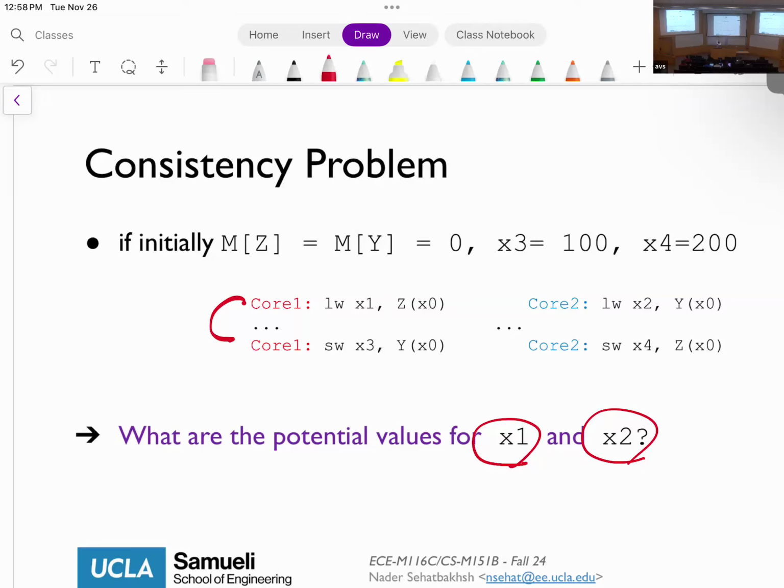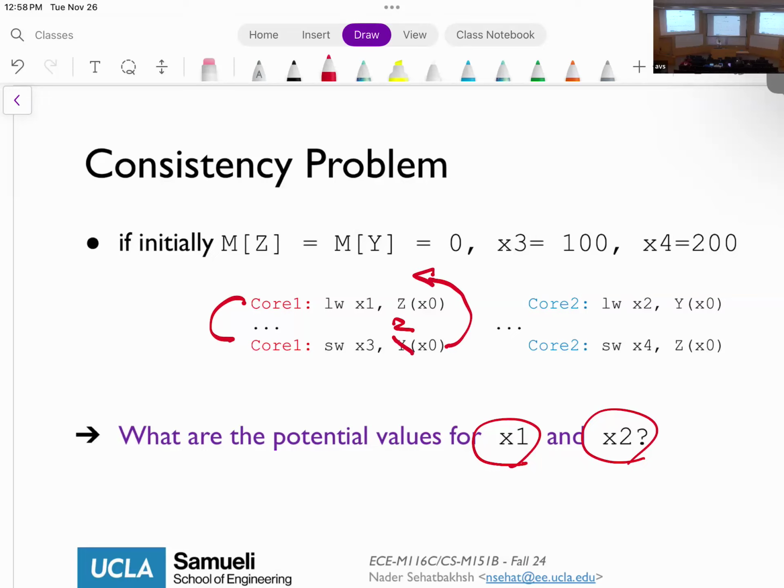So if this was Z, then this falls into the category of a RAW data hazard. I cannot move this before this, because if I did, I would get a wrong value into x1. We already fixed that in our out-of-order execution.